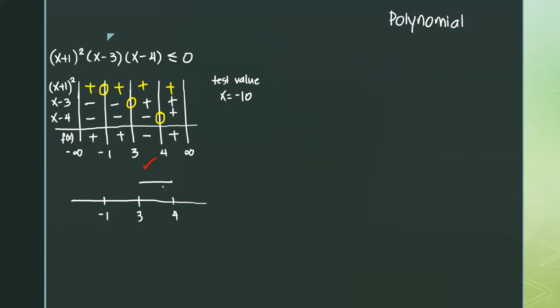Alam natin it's 3 and 4. May equal sign ba? Yes or no? Yes. Therefore, brackets. Very good, guys. Pero, dahil may equal sign siya, may floating point tayo. Do you understand? Kasi may equal sign eh. Pag walang equal sign, okay sana.